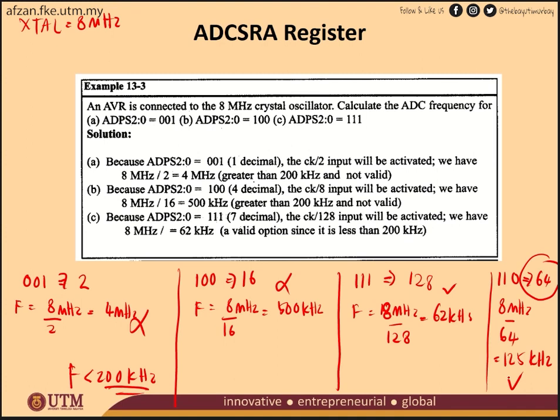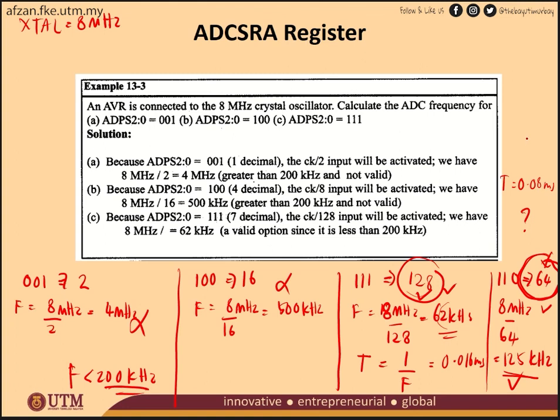Why 64? Because this one is much faster, because T equals 1 over F. You see here this is 62.5 kilohertz, while this one is 125 kilohertz. If you divide, you get T for this one equal to 0.016 millisecond, but for the other it is 0.008.